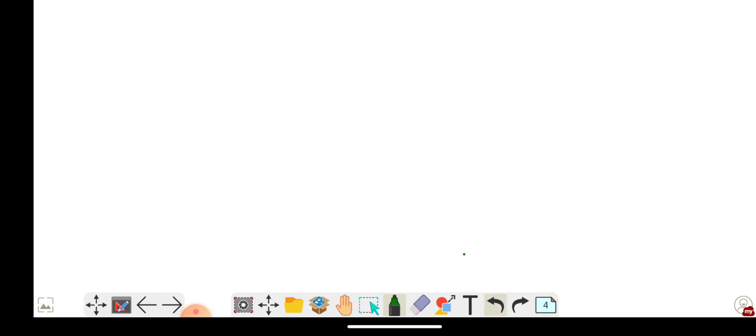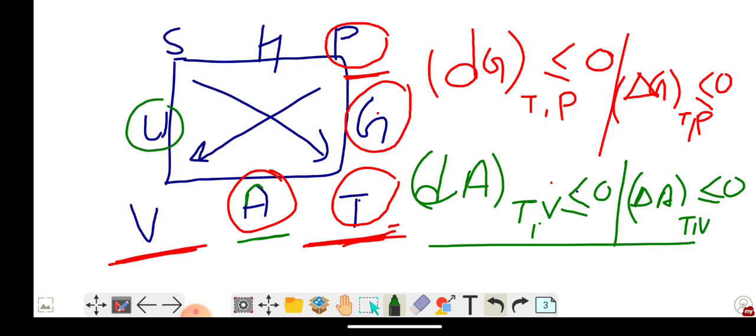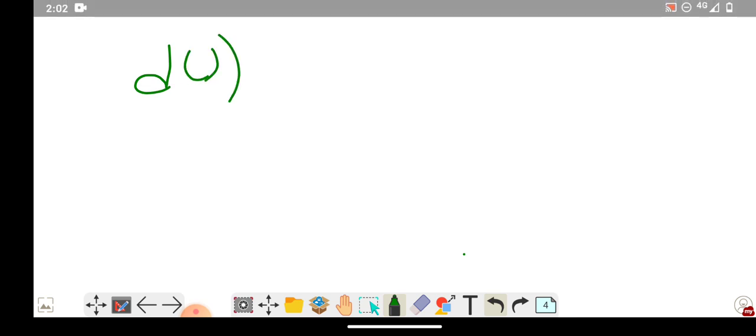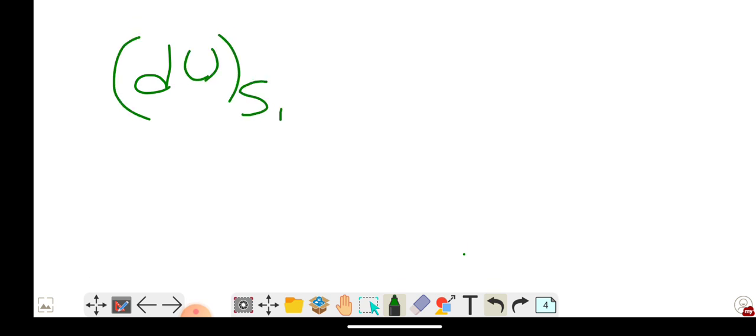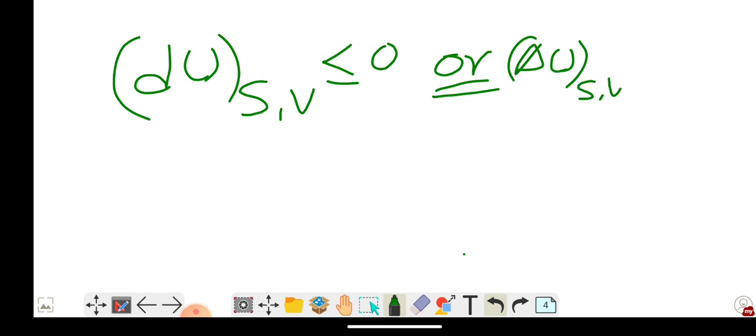Now in the same manner we have delta U. So S and V are adjacent to delta U, so we can write dU at constant S and V is less than or equal to 0, or delta U at constant S and V is less than or equal to 0.